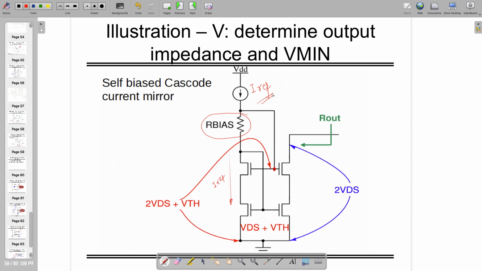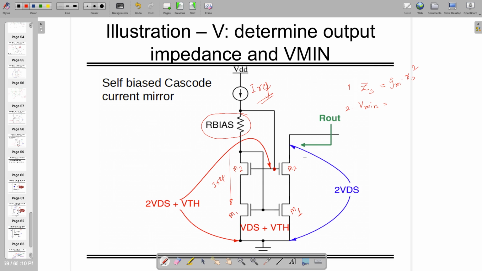Notably, we also require two main characteristics of a good current source: source impedance has to be infinity, and V minimum 0. We found that the better one is this one, where you keep it cascode. So still these two transistors are in cascode, right?